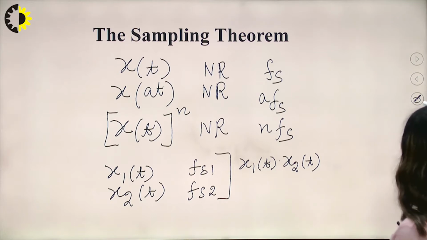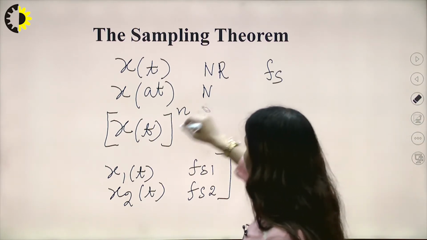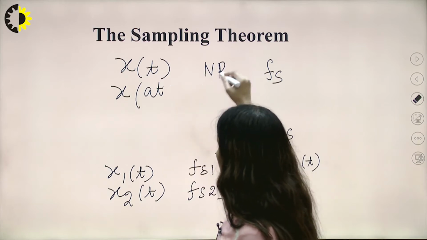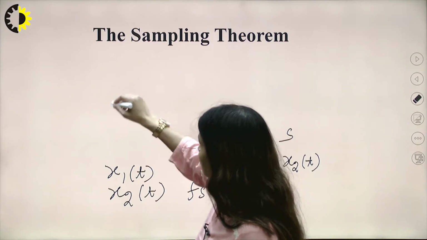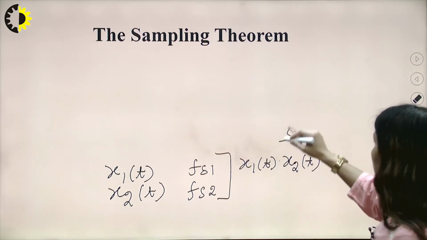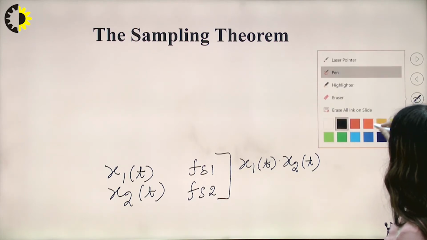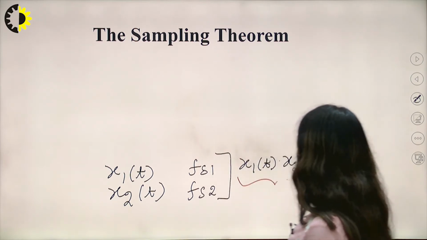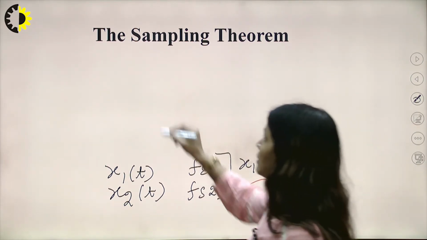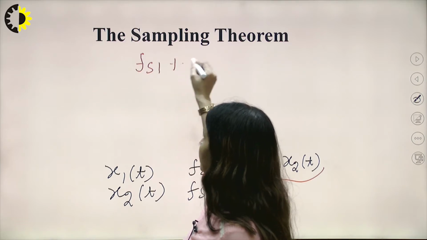Here I can say the Nyquist rate of x1(t) into x2(t) would be fs1 plus fs2.